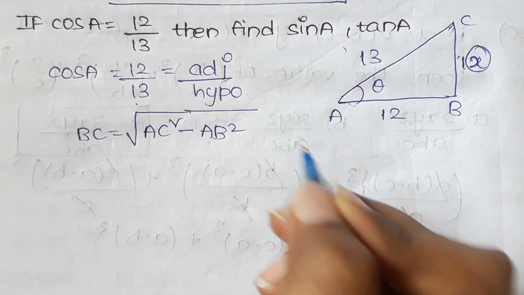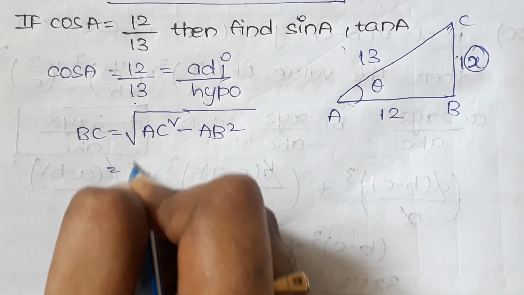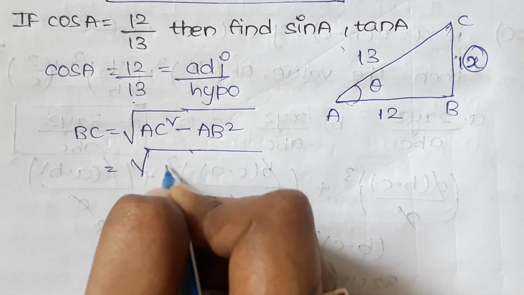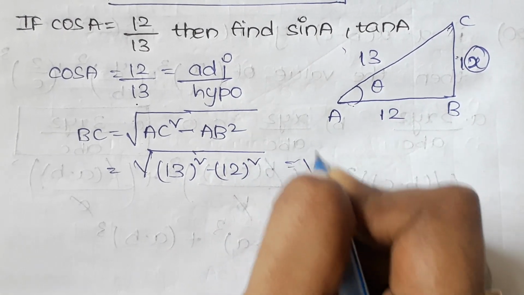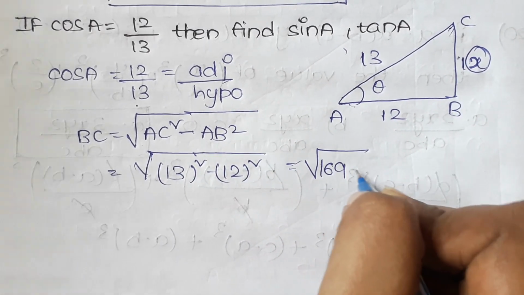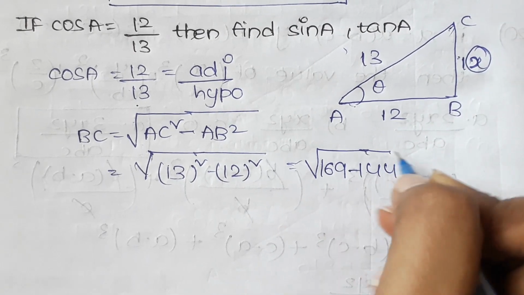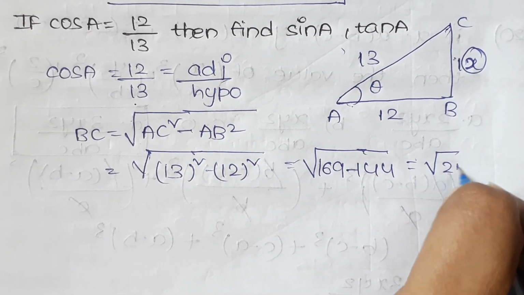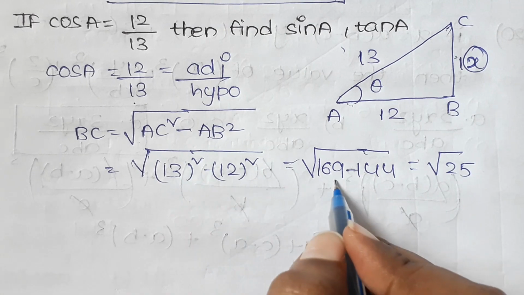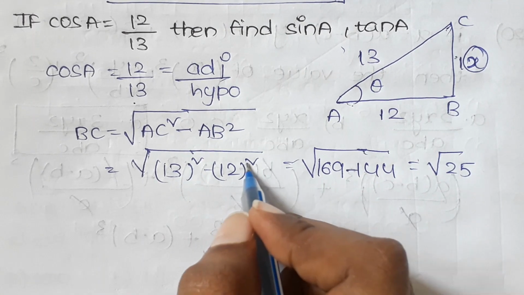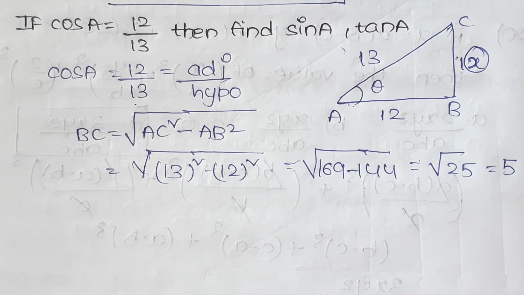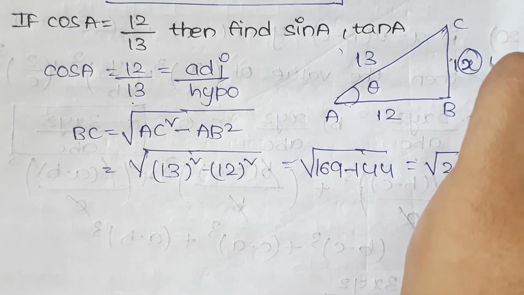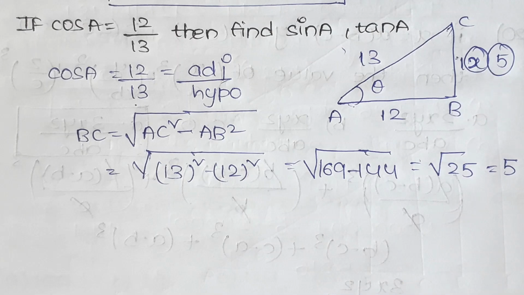So square root of 13 square minus 12 square. Square root of 169 minus 144, that is root 25. Here 13 whole square is 169 and 12 whole square is 144. Root 25 is nothing but 5. So the value of BC is 5.